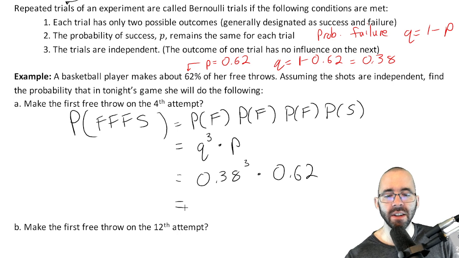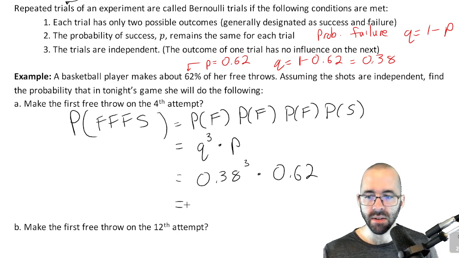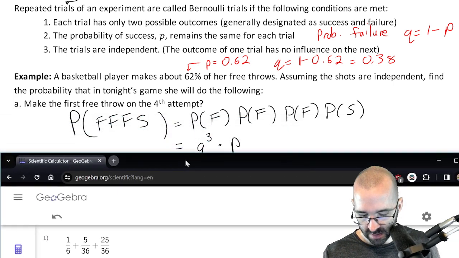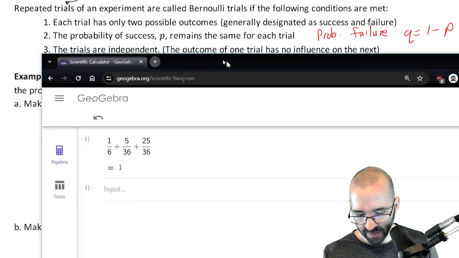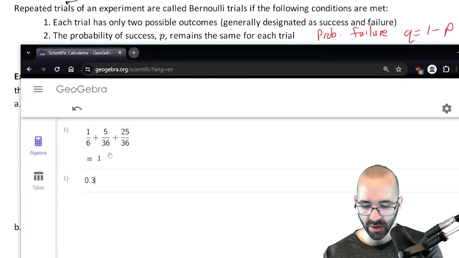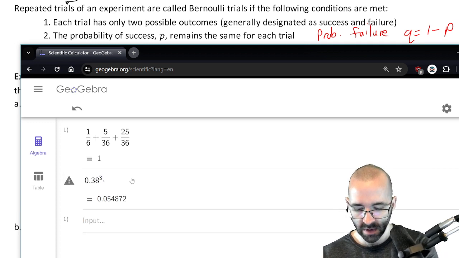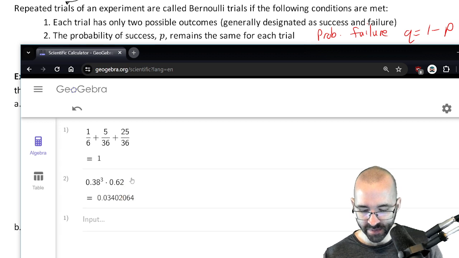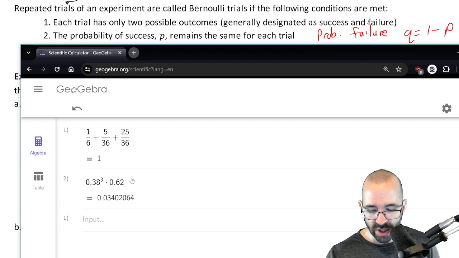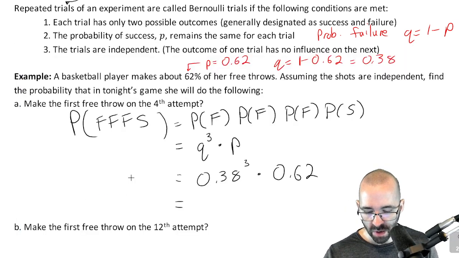And we could use our calculator to find this out. 0.38 cubed times 0.62. That's like a 3% chance, 0.0340.